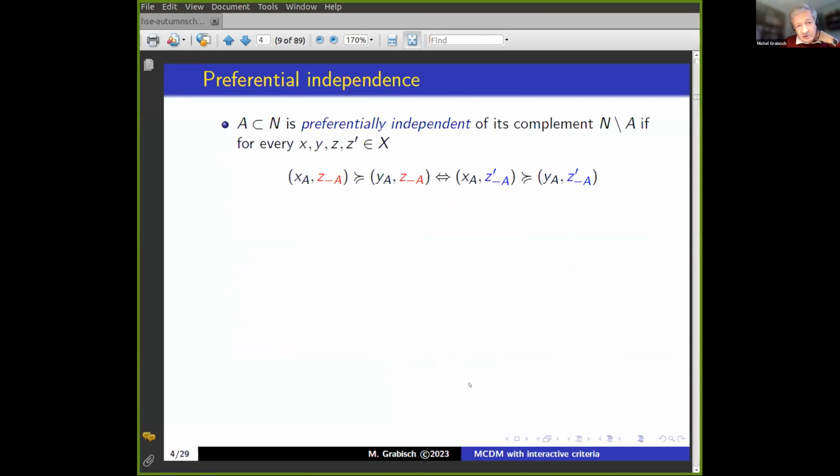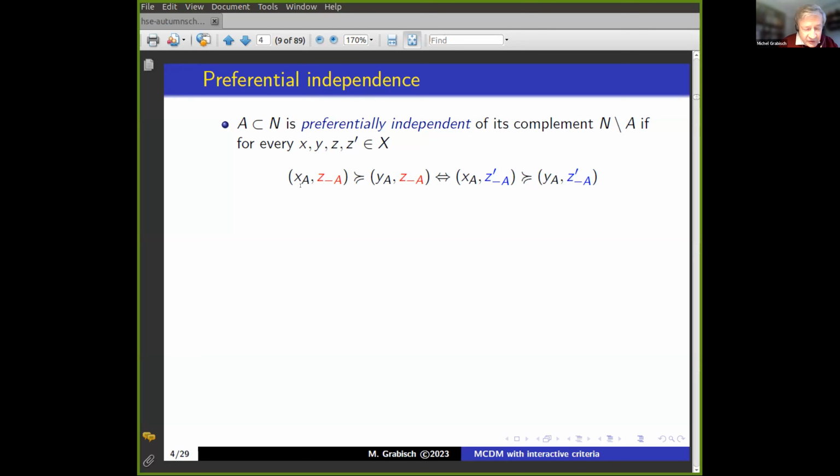So now let us introduce some properties for the preference relation. Let us take a subset of attributes A, and we say that this set is preferentially independent of its complement if the following is satisfied. Let us look at what is written here.